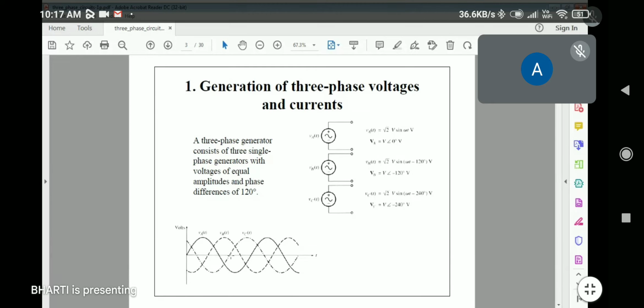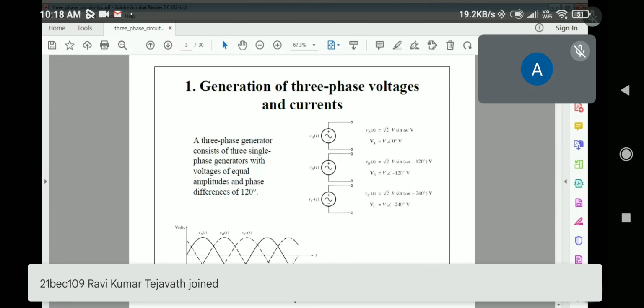That is the second one. The third, I told you, will again be minus 120. That means it is minus 240, or we can say plus 120. It will start from here, so this is the third one. Is the graphical representation of the three phases clear to everybody?